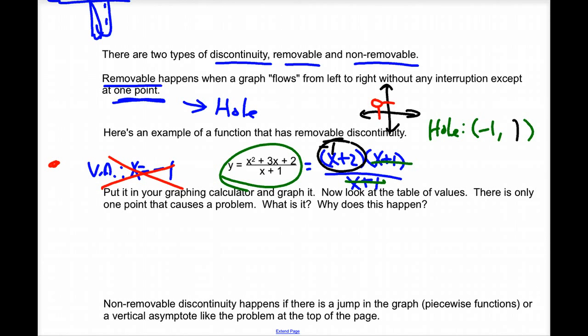Put it in your graphing calculator, graph it, look at the table values, see what the point is that causes a problem. So we want to get fairly adept at using our graphing calculator. We want to make sure that when we plug these in, we put parentheses around numerator and denominator.